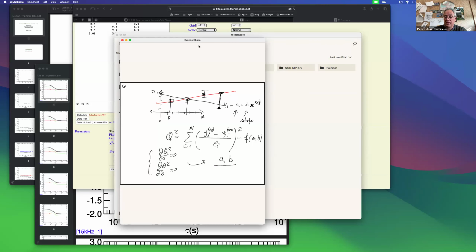This only happens because we are using the square. So we are, let's say, pretty sure that the Jacobian or the determinant of the Jacobian is positive.